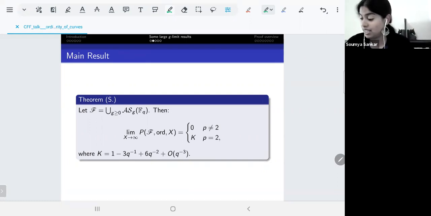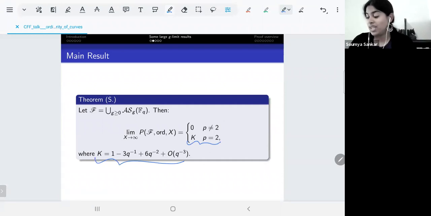And so this is quite different from the large q limit case where ordinary seems to be the most common case. At least for p bigger than or equal to 3. On the other hand, for p equal to 2, notice that you get something non-zero.